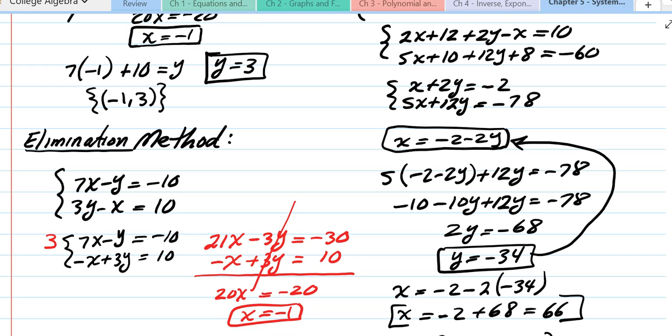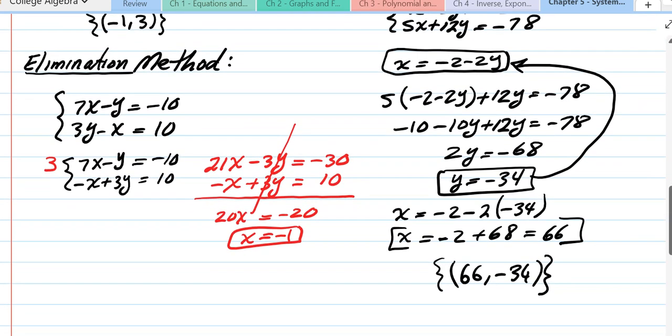And now that we solved for one of the variables, the other variable we can solve by, again, substitution. You can back substitute for x in either of those two equations. So I'm going to substitute for x in the second equation because its coefficient is easier to work with. So I'm looking at the second equation now.